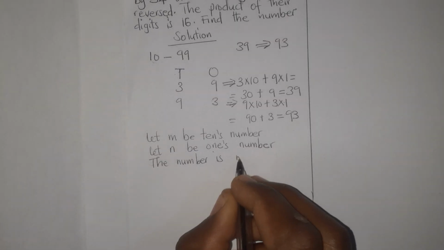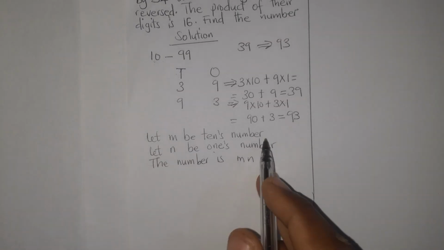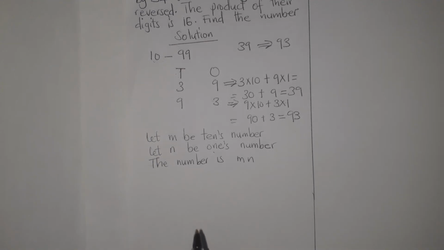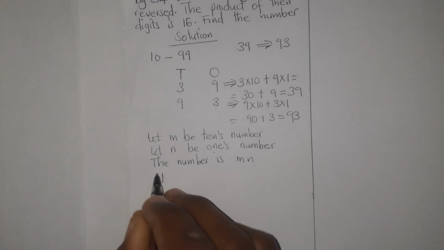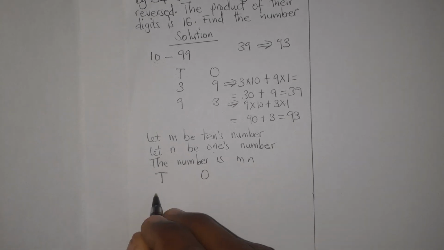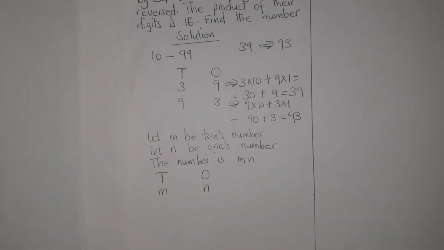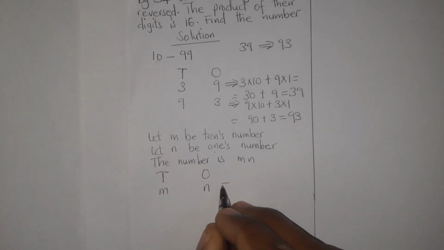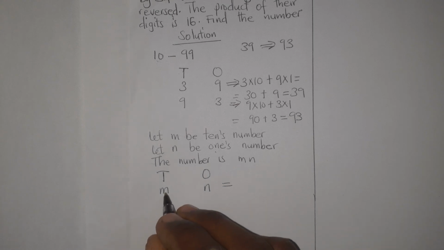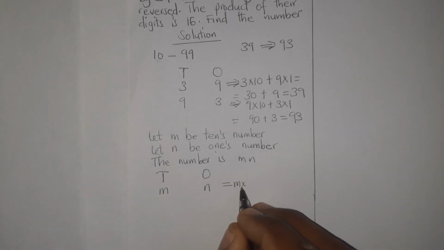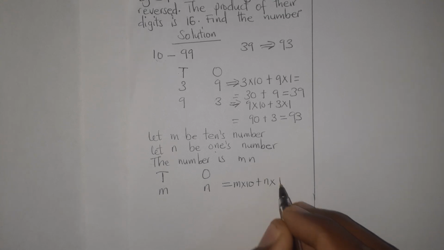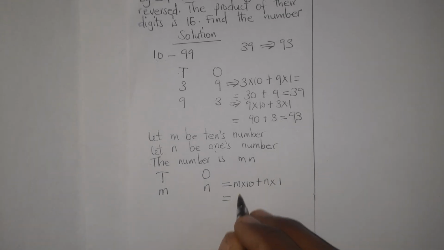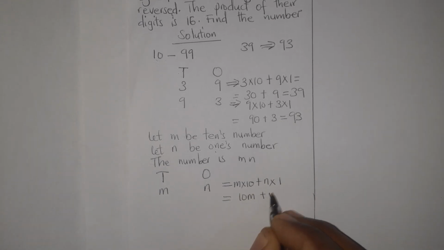Using the place value box, we have tens and ones: this is m, this is n. The actual number is m multiplied by 10 plus n multiplied by 1, so this is 10m plus n.